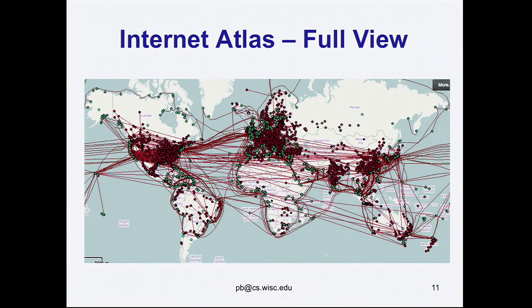So here's a snapshot of the full view of the current archive that you can get from the portal, including both nodes and links. If you're familiar with GIS, it is a visualization capability based on the notion of layering.